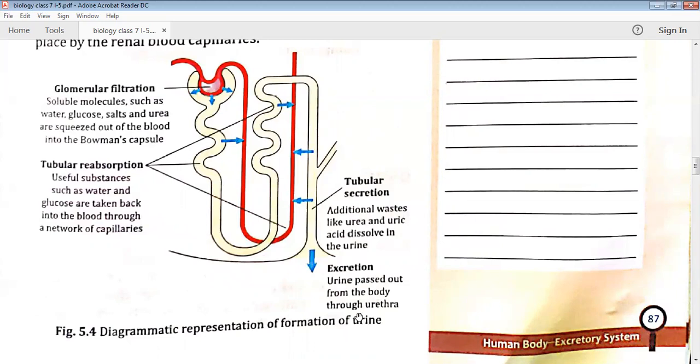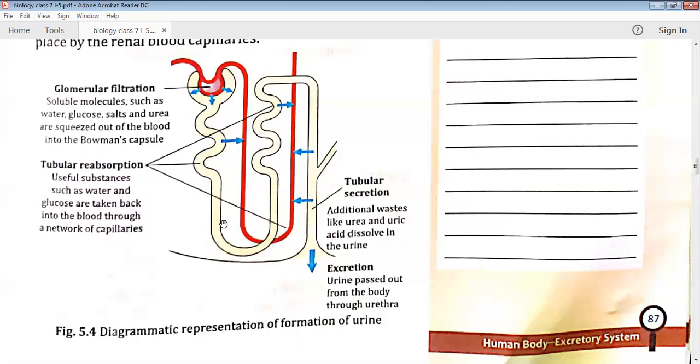So basically, the formation of urine has four processes: glomerular filtration, tubular reabsorption, tubular secretion, and excretion. Names you should not forget. In glomerular filtration, because of thinning of blood vessels, the soluble substances are squeezed out. Since all the substances are squeezed out, some are not needed by the body, but some are useful.